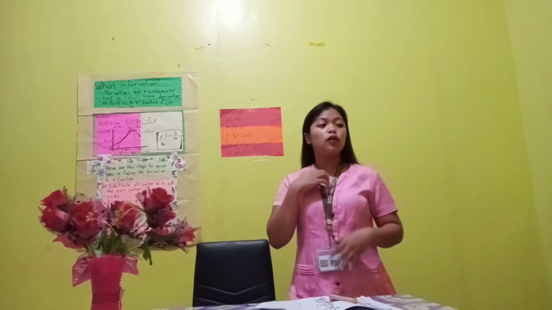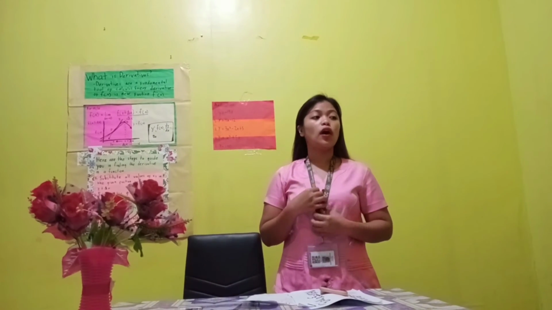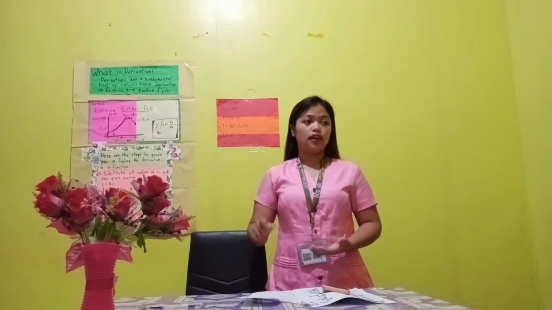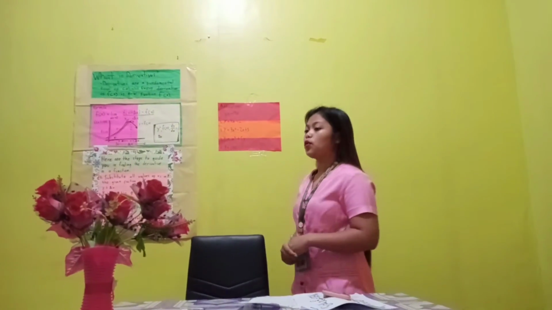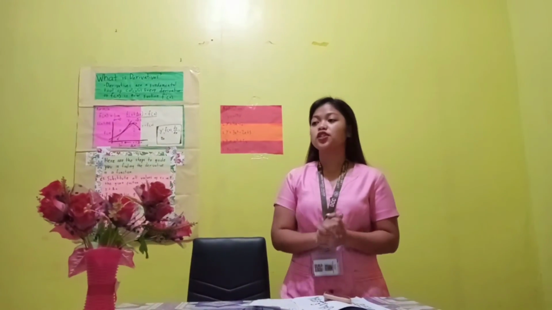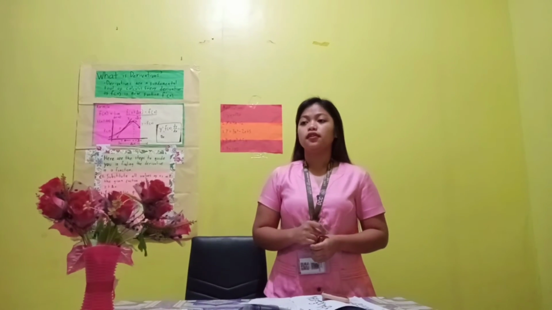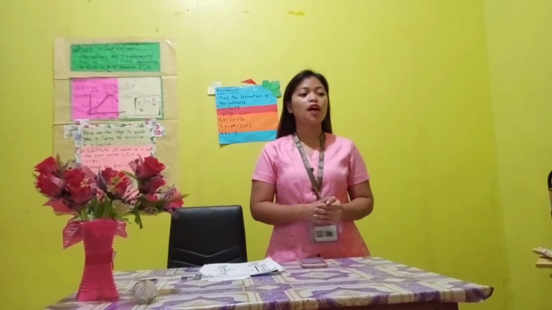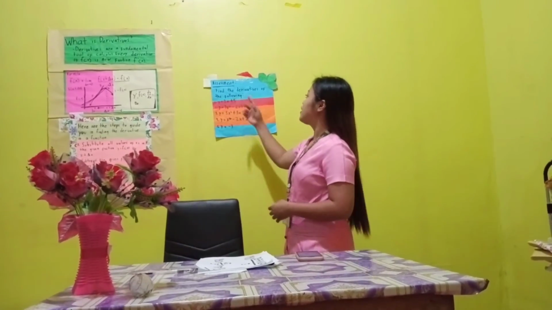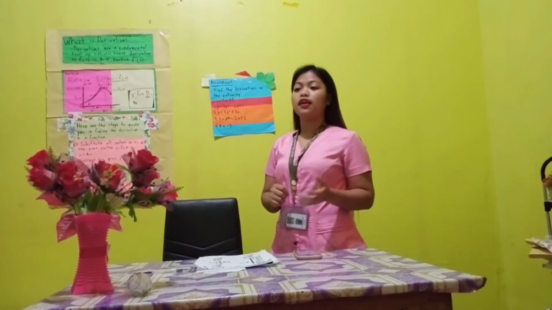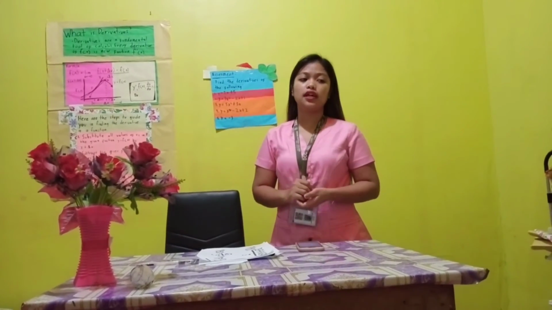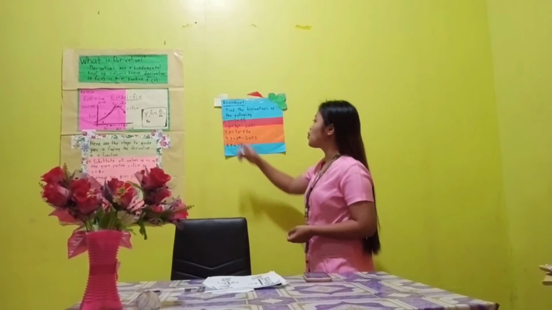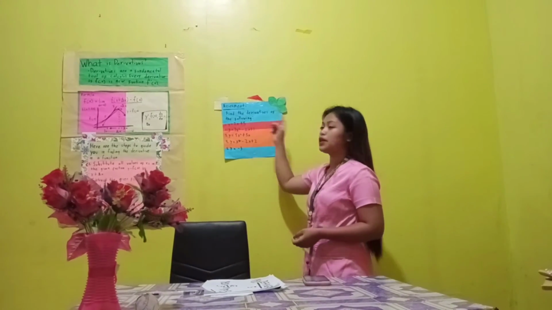And then, in 10 minutes, I will collect your papers, and I will be the one to check them. Okay, are you done? Pass your paper. Time's up. Okay, class, get 1/2 sheet of paper for the assessment. Find the derivatives of the following. I will give you 15 minutes to answer our assessment. Number 1, y equals 2x plus 5.